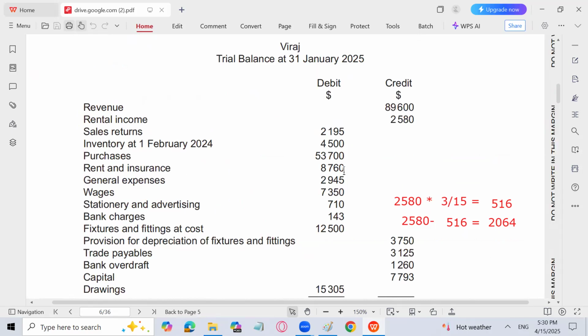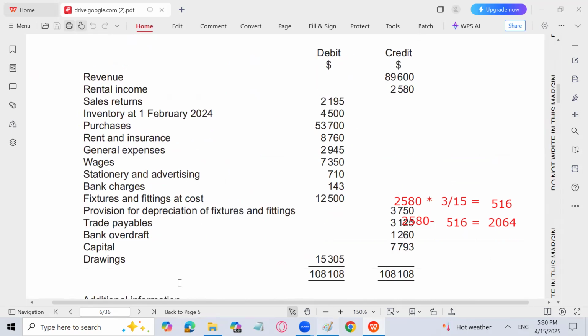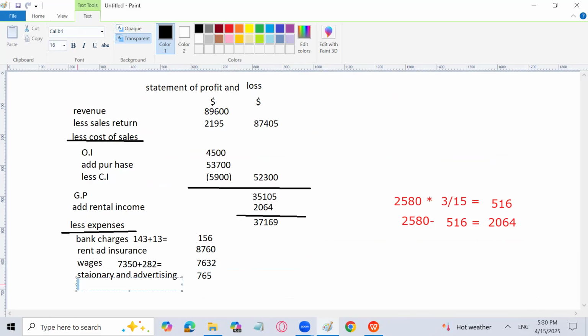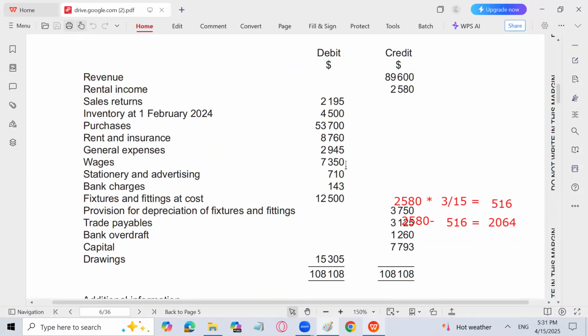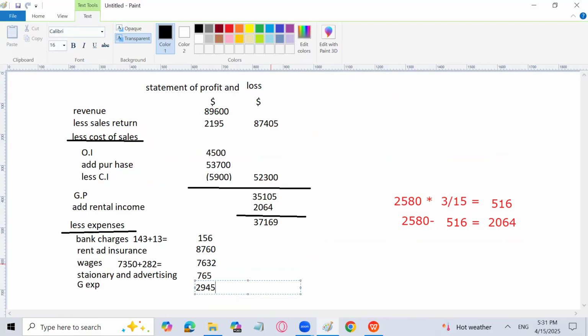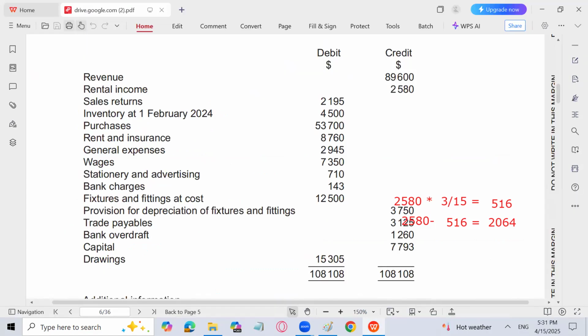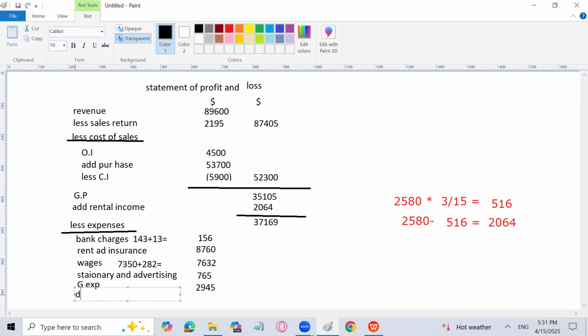Second is general expenses 2945. I missed it. There is no change in general expenses. I will write it simply 2945. Then there is depreciation, which is also an expense. Depreciation on fixture and fitting.